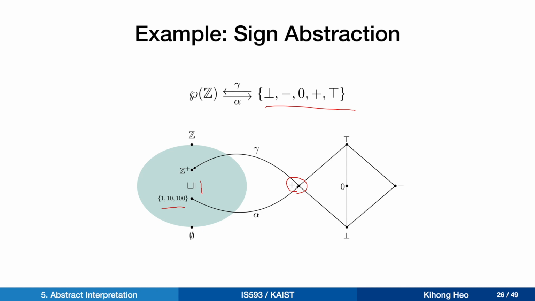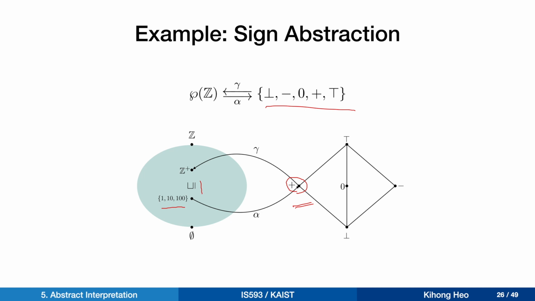Here, notice that once you abstract some information, some of it will be missed. As you can see, even though we did not do anything in the abstract world, the concretization does not remember the original element.